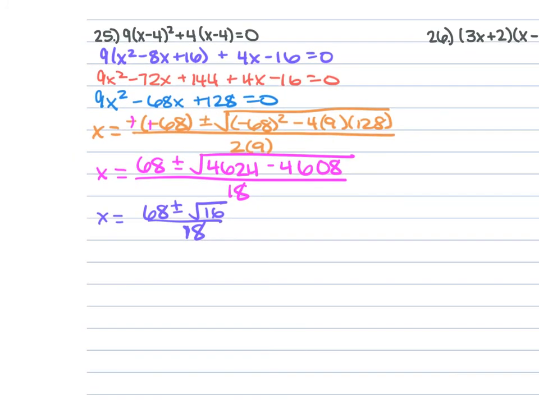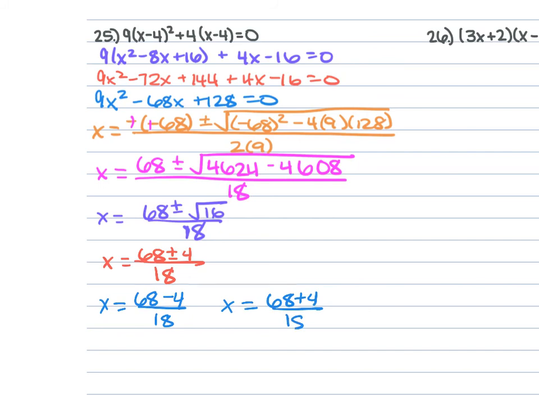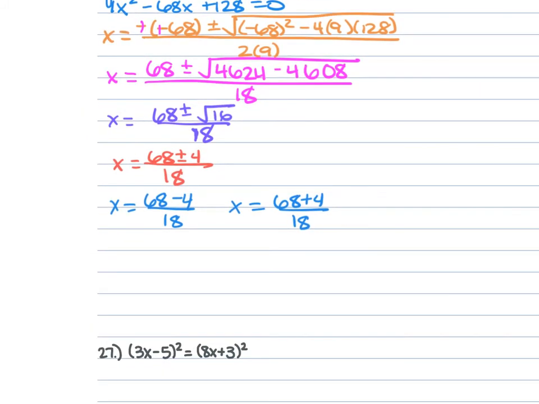From here, I'm going to have x is equal to 68 plus or minus 4 over 18. So this is 68 minus 4 over 18 and 68 plus 4 over 18. The 68 minus 4 is 64 over 18. The 64 plus 4 is 72 over 18.